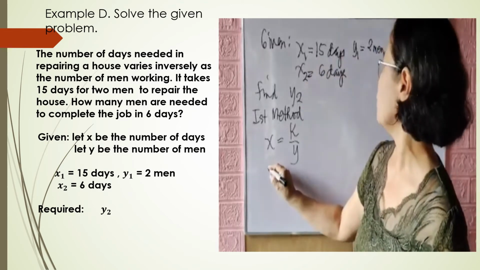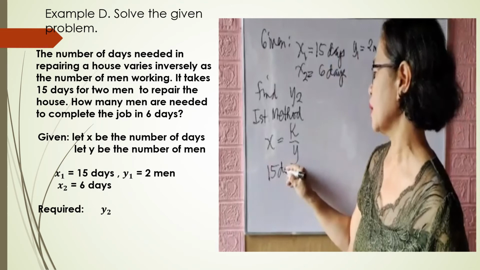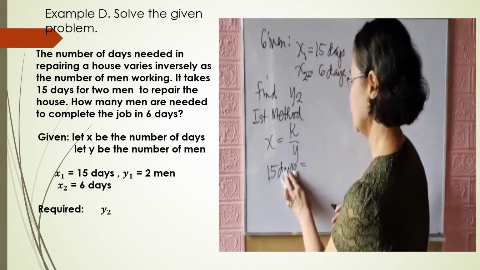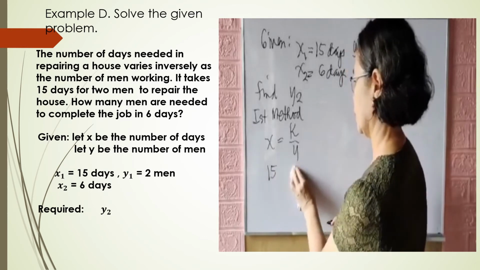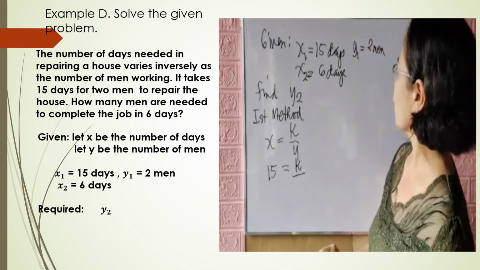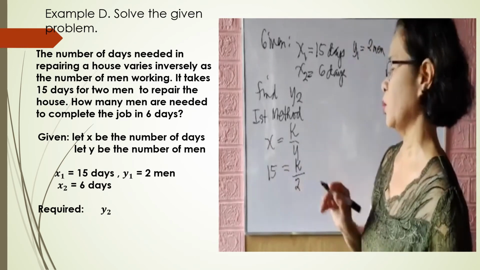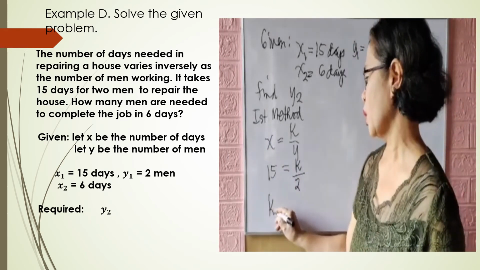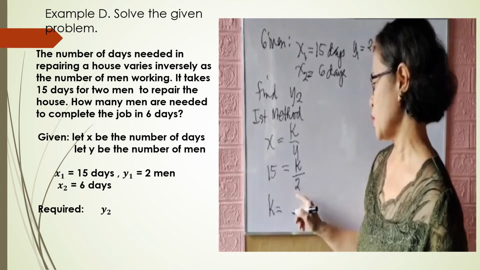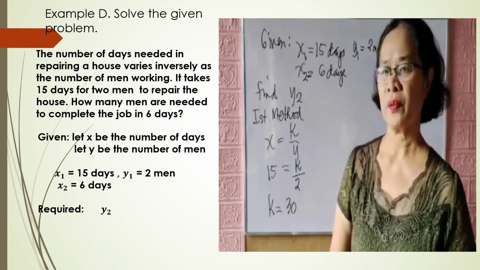So we have 15 days is equal to k over 2. So our constant therefore is 15 times 2, which is 30.